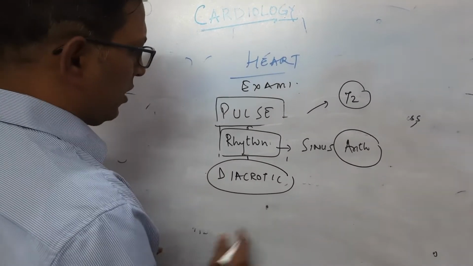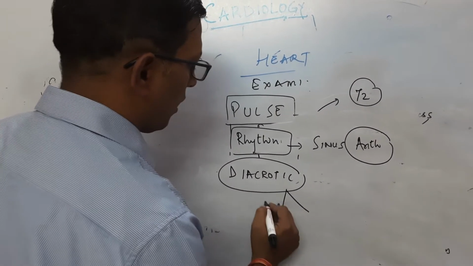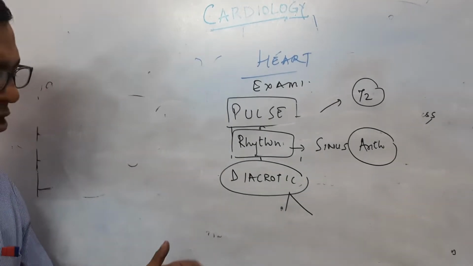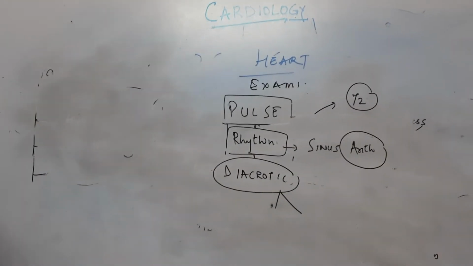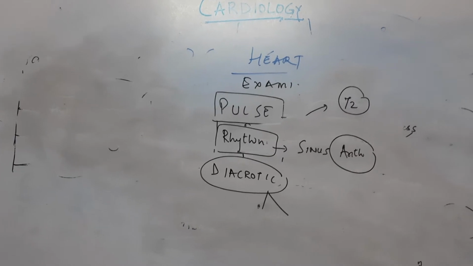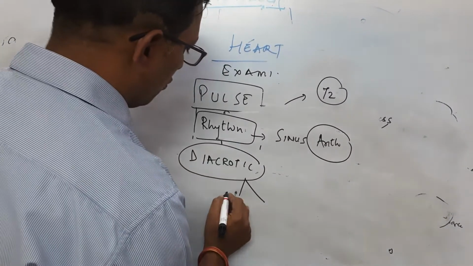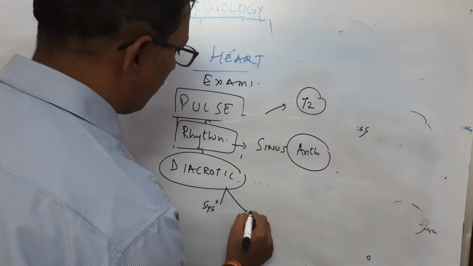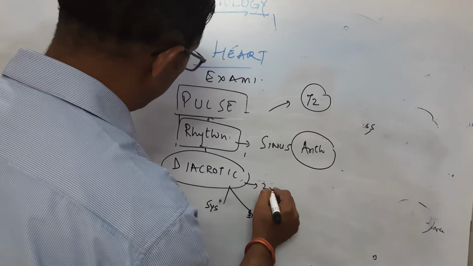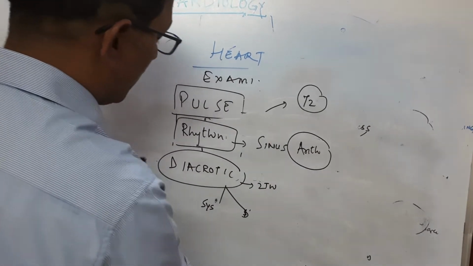In the different phases of the cardiac cycle, you have one in systole and one in diastole. This is again twice beating pulse, similar to the other two.